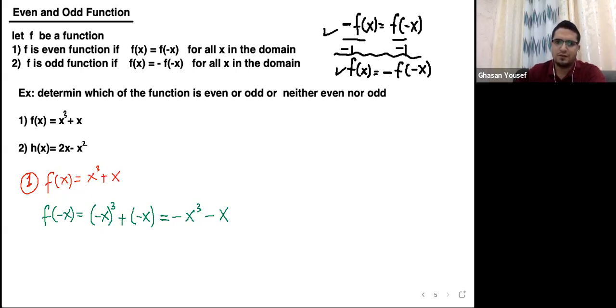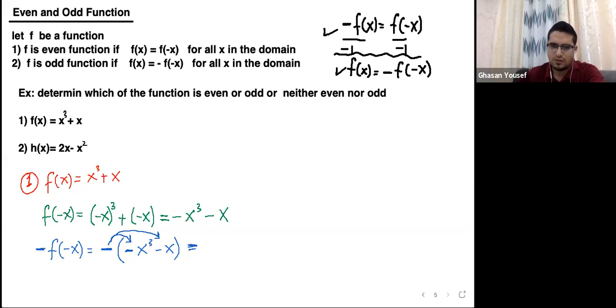This is the first step. Now the second step: write minus f of minus x. This means we multiply the second function by negative. So put a minus and copy these things inside the parentheses: minus, parentheses, minus x cubed minus x. Then distribute the minus inside the parentheses. Minus times minus is positive, so positive x cubed, and minus times minus is positive x.